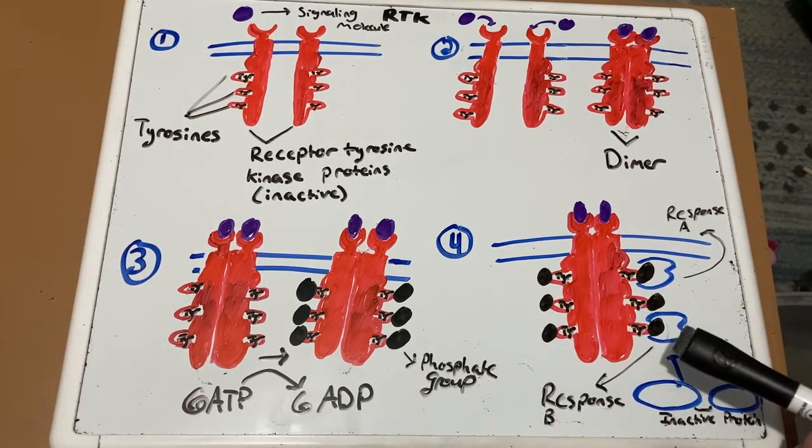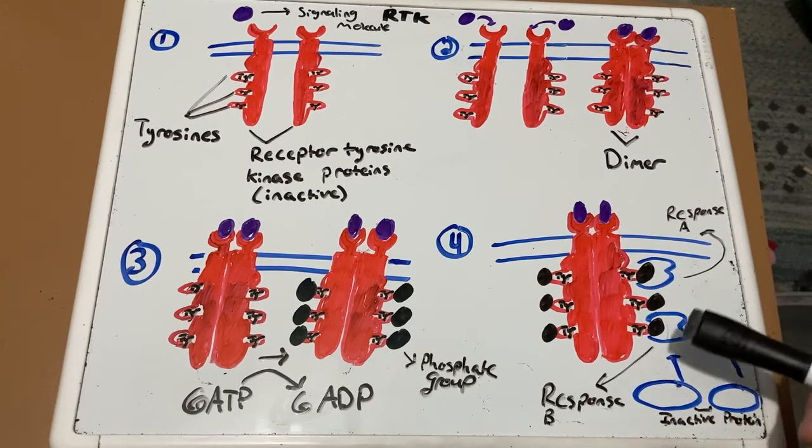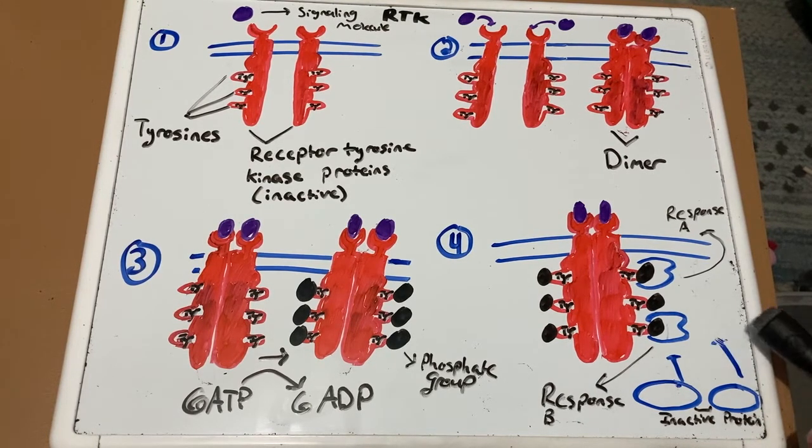In the final step, after these phosphates bind, the receptor protein becomes activated and relay proteins that recognize the activation bind to specific tyrosines. This binding causes the proteins to change shape and activate, leading the activated proteins to trigger a transduction pathway, which causes a cellular response.